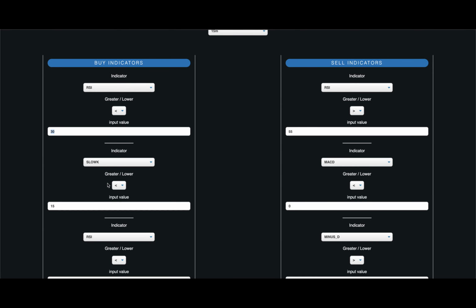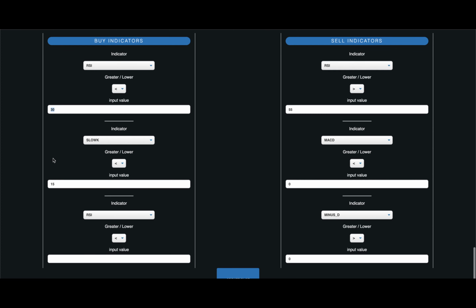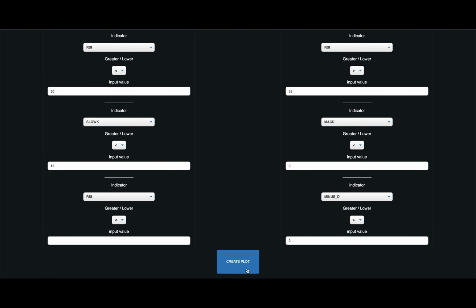Obviously, since you are mixing more of them, all of them need to give a buy signal together, otherwise you will not get any buy signal. For example, if you put 30 and this one gives a lot of buy signals, but the slope gives 0 buy signals, then the plot will have 0 buy signals. All right, let's generate a plot.